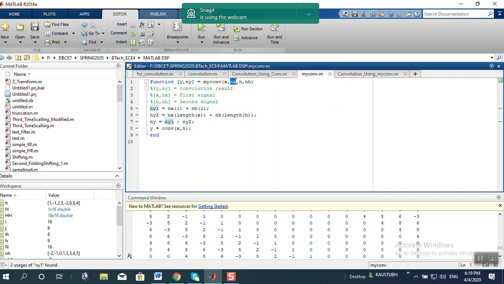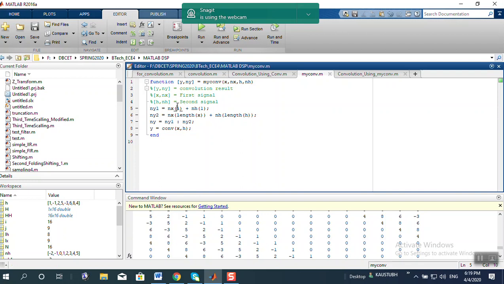Suppose it is -3 to +5, so -3, -2, -1, 0, 1, 2, 3, 4, 5. So nx within bracket 1 means -3. Similarly nh1. So nx1 plus nh1 is the starting value of y.